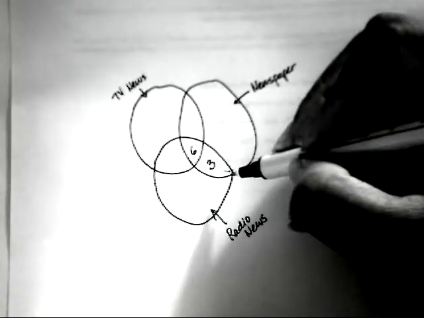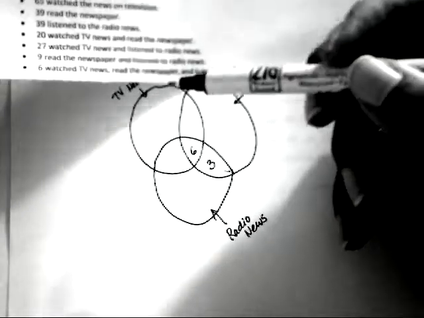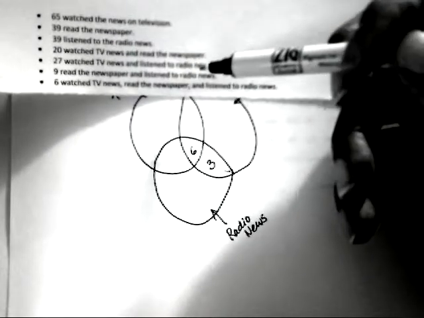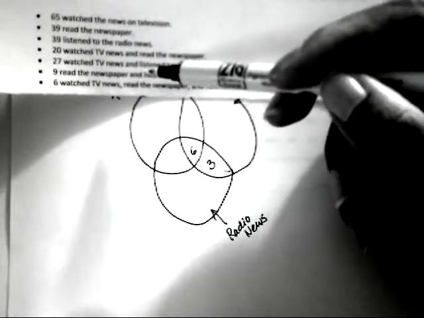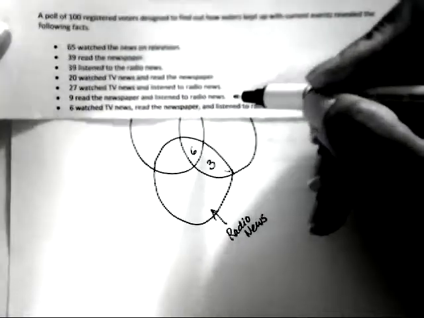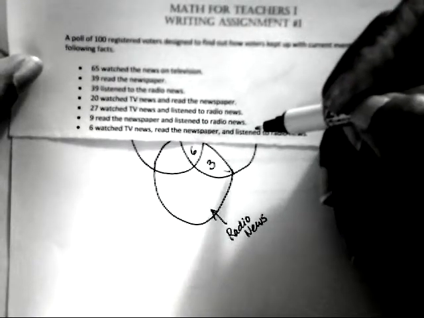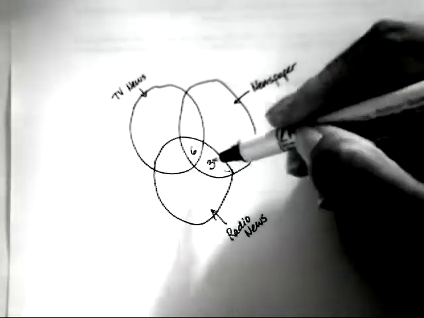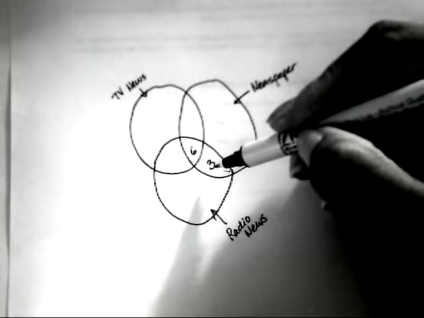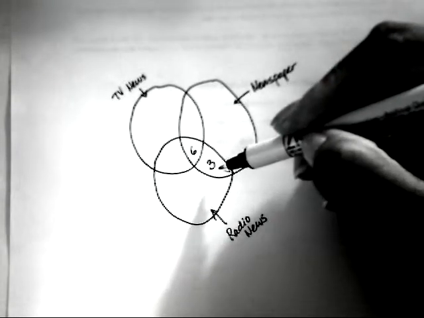Okay? So in this case here, it only says 9 read the newspaper and listened to the radio news. Now, had it had the word only, then we would put the 9 here. But since it doesn't have the word only in this particular situation, then we need to subtract the 6 from the 9 to get this 3 right here.